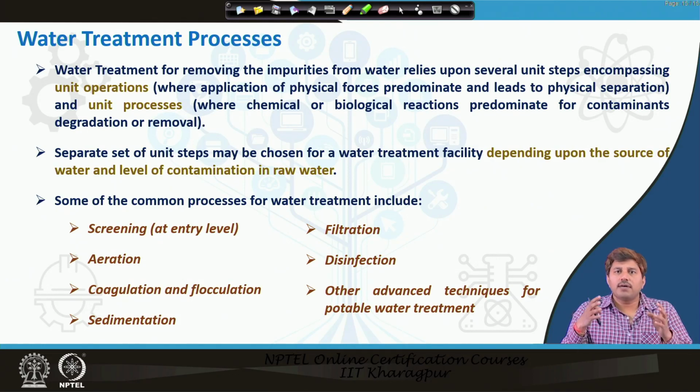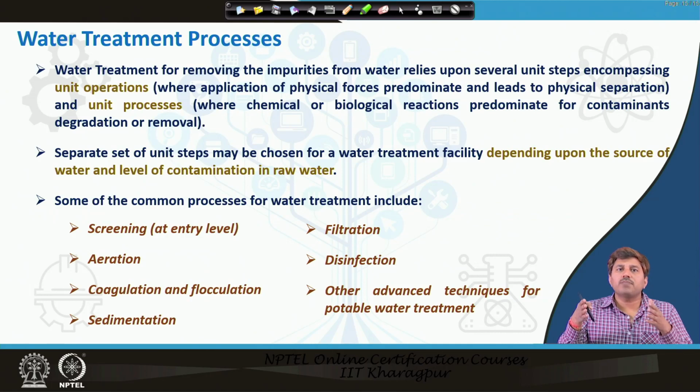So a usual water treatment system is a combination of several units. Several unit steps are encompassed, and an overall scheme of water treatment with multiple units is designed and used for the purpose of water treatment.